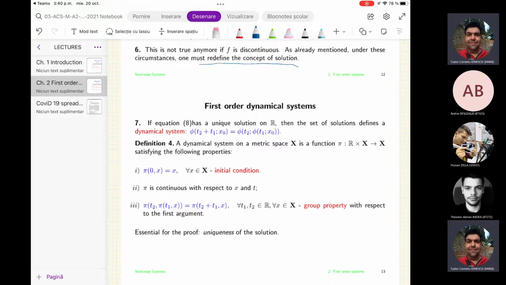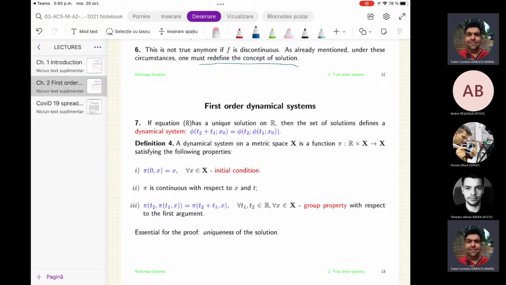So a dynamical system on a metric space X, your space needs to be a metric space, is a function pi with the following properties. At t equal to 0, pi of 0 and x is x. So this is the initial condition, so it satisfies the initial condition. Pi is continuous with respect to both variables, time and solution.